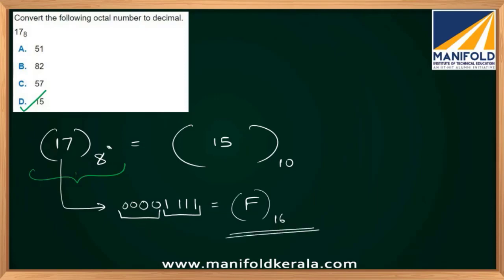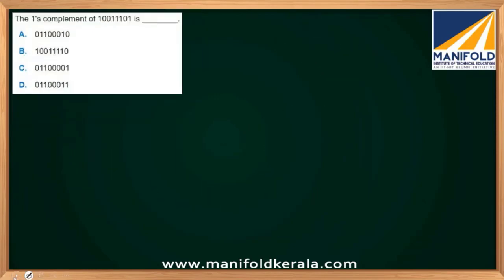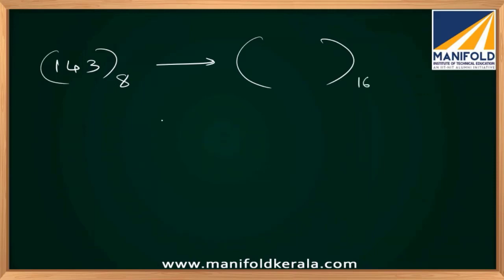If you get a bigger number, say, I tell you 143 base 8, convert this into hexadecimal. Convert to binary first. How will you convert this to binary? 1 is 0 0 1. 4 is 1 0 0. 3 is 0 1 1.